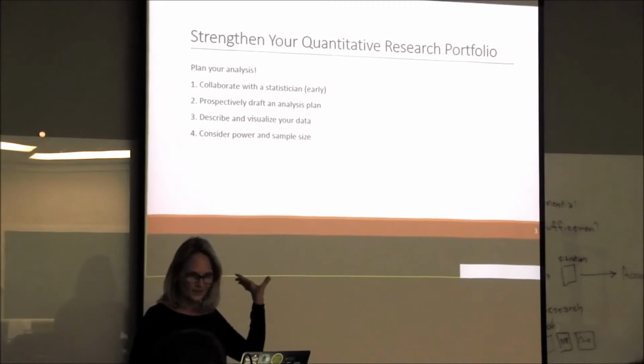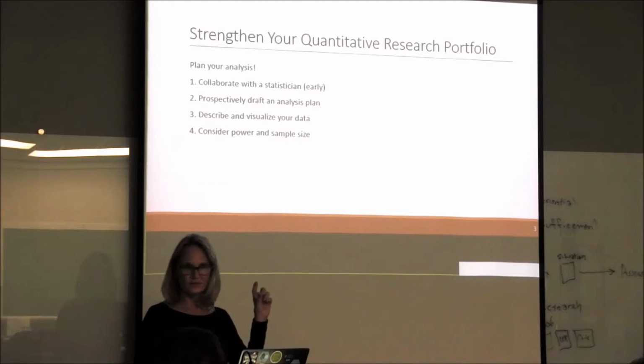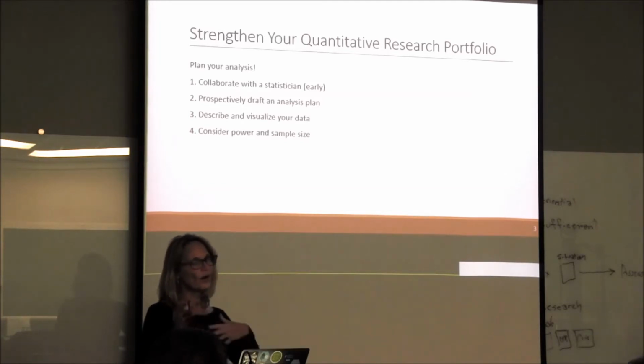To achieve those objectives, I'm going to walk through 4 ways to strengthen these studies, whether it involves the design of data collection in prospective studies, or whether you're looking to analyze data that was collected retrospectively or that you already have.